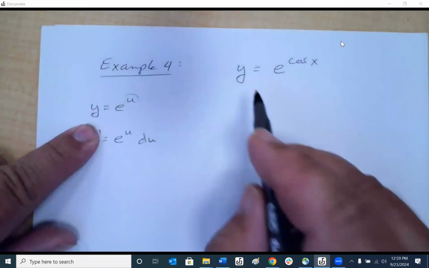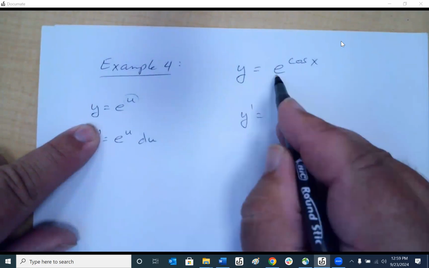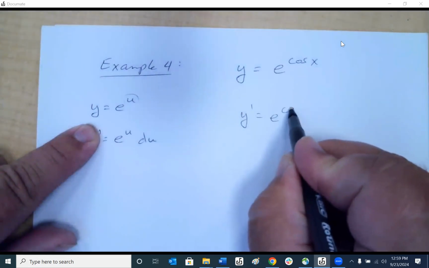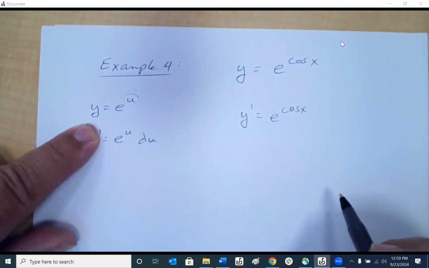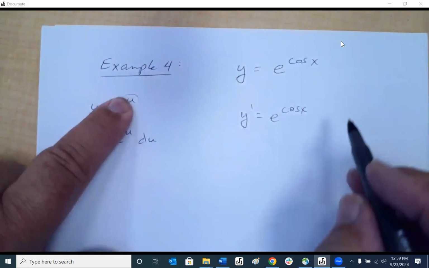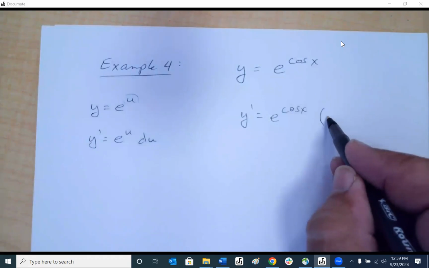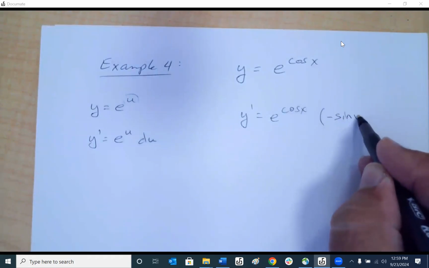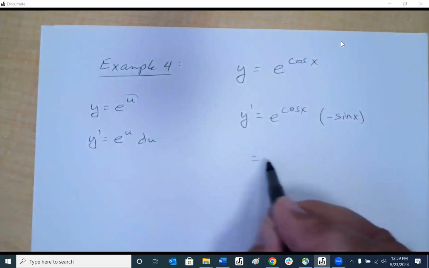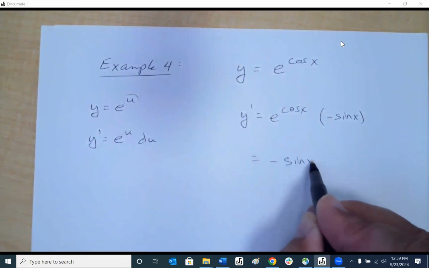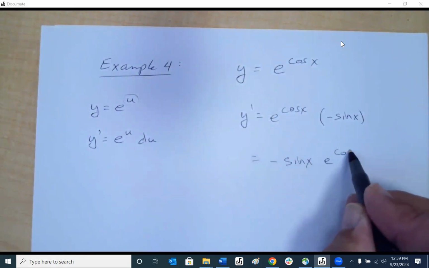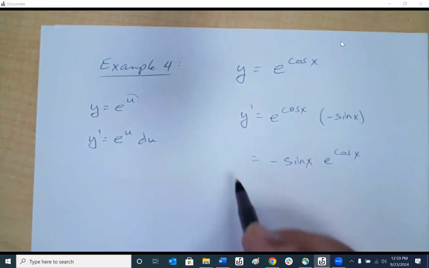In other words, in this case, leave e to the cosine x alone, times the derivative of your exponent. What's the derivative of cosine? So it's negative sine x times e to the cosine x.